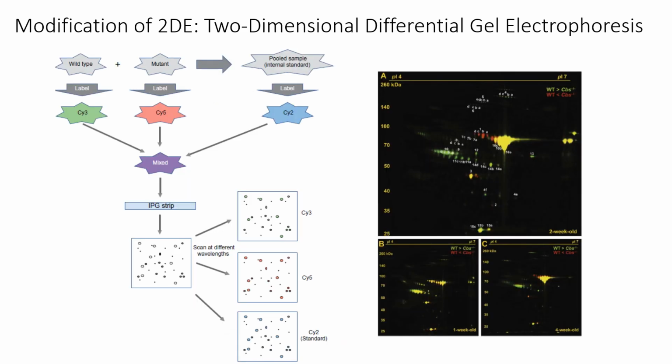And the development of imaging technology has introduced the differential in-gel electrophoresis (DIGE) technique. Basically, in the DIGE technique, the sample will be labeled with fluorescence.